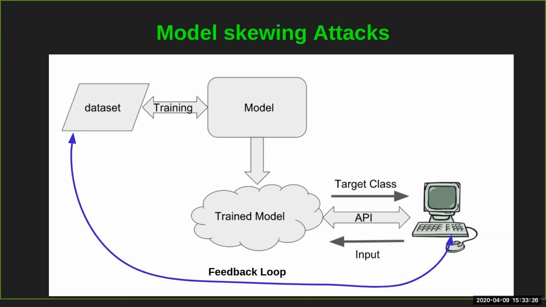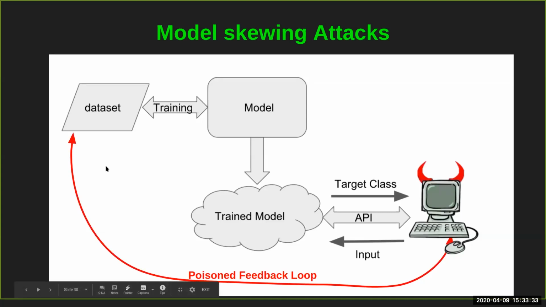As an attacker, one can abuse this feedback loop to poison the training data set. Say the attacker wants to send some phishing mails and they are landing in the spam folder, then the attacker can abuse this feedback loop and mark their own phishing mail as not spam.